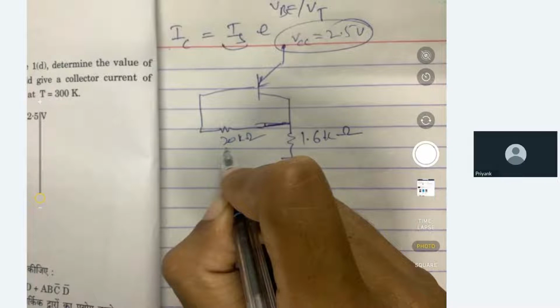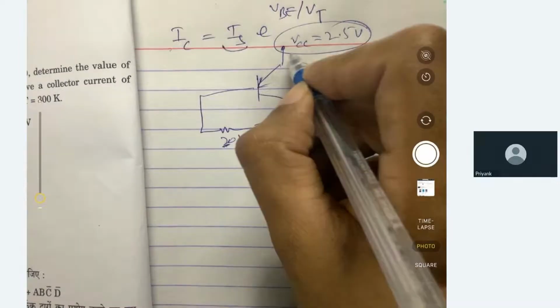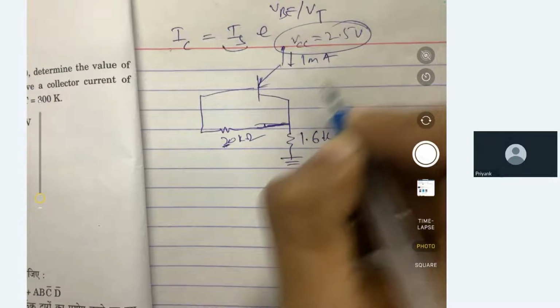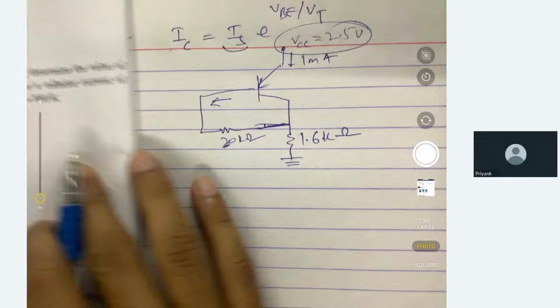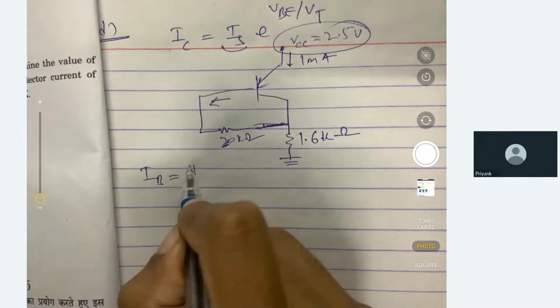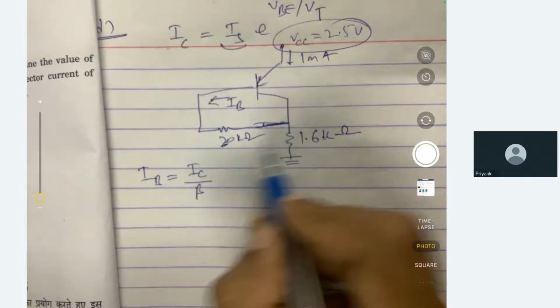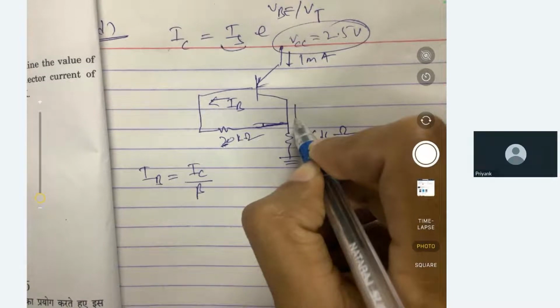So the collector current is written here. The collector current we want is 1 milliampere. Accordingly, this base current will be IB equal to IC upon beta. So we can find this base current, and consequently we can also find this emitter current.